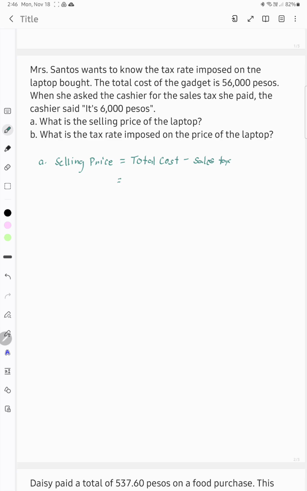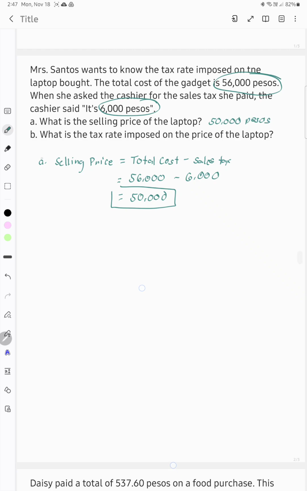The total cost is 56,000 pesos and the sales tax is 6,000. So 56,000 minus 6,000, and therefore the selling price is 50,000 pesos, which is realistic, since there are laptops that are worth 50,000.